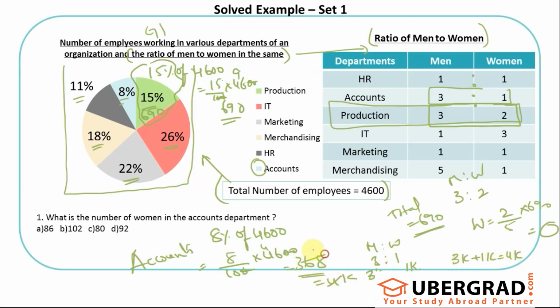So that means the K value is 92. Men is 3K, that is 3 into 92, which is 276. The women is 1K, so that is 92. So 368 is the number of people in the accounts, out of which 276 are men and 92 are women. So the answer is 92 women.